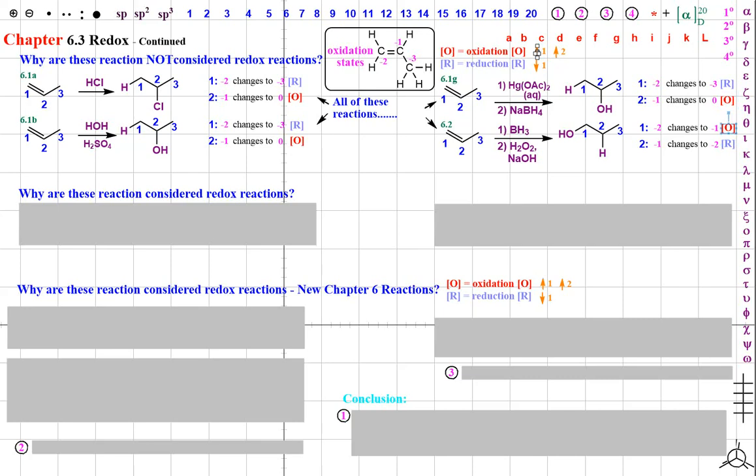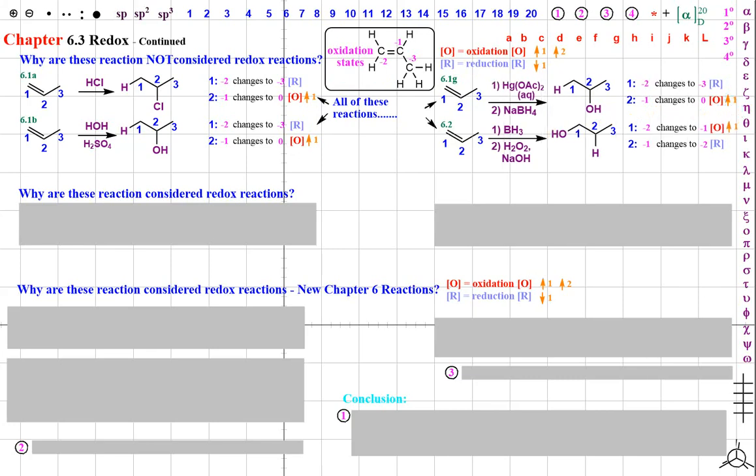All the oxidations on this top part of the page went up by 1. And need a little more room there. And up by 1. Every reduction on this page went down by 1.